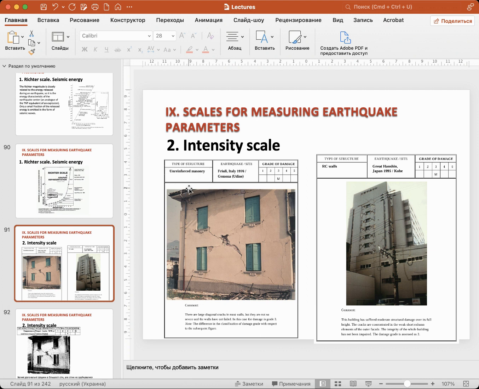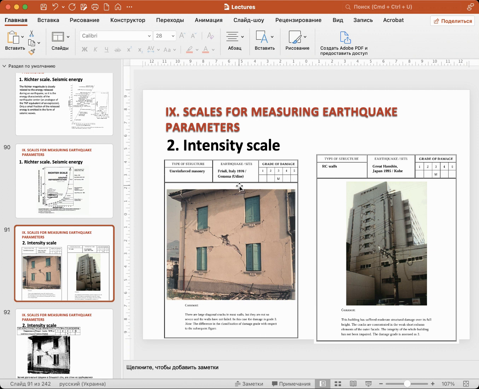Then we have to analyze which level of destruction we have found. Zero grade of damage means there is no crack in the building or structure. Grade of damage equal to 5 means that the building has totally collapsed.